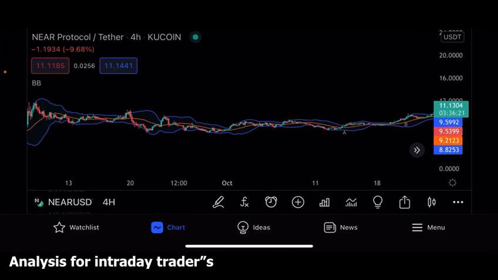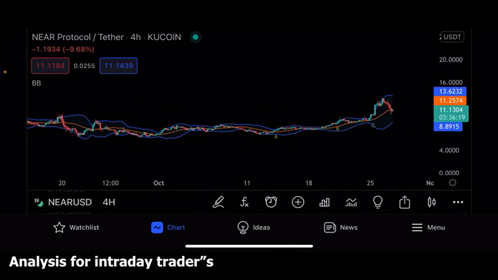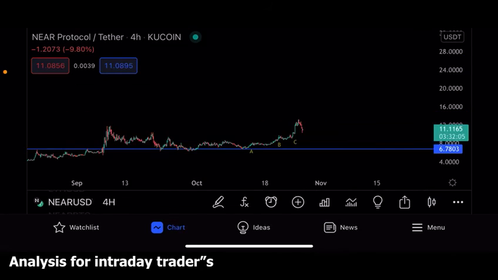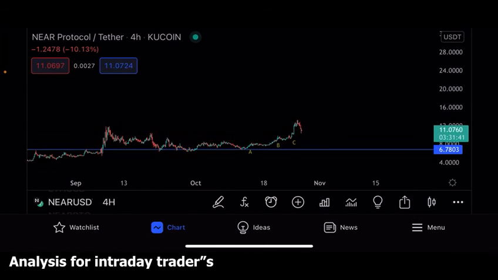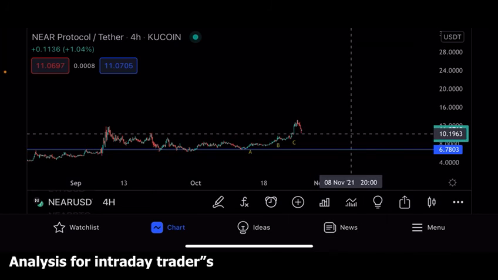All right, so that's what we have for the 4-hour chart. We're still on the price action analysis for intraday traders, so we're using the 4-hour chart. Looking at this chart, the horizontal line at point A is the support we had before the bullish movement to the point above C. The support there was at 6.78, but because of the new bullish movement, there is a new support zone, currently at a price of 9.96.